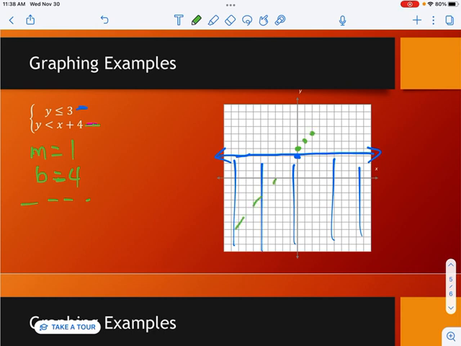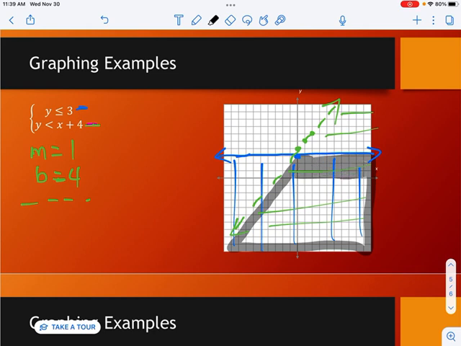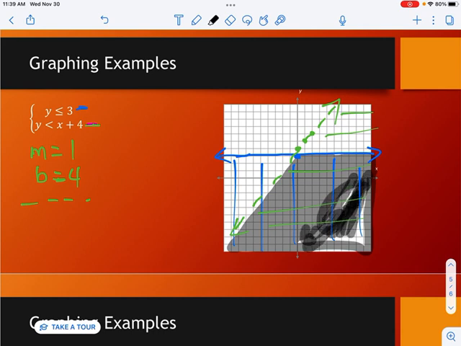It's a dotted line. And it says y is less than that, so it would shade all of this area. So my solution would be everything here, where the shading is overlapping. And we'll just color that in. And there would be my solution to that one.